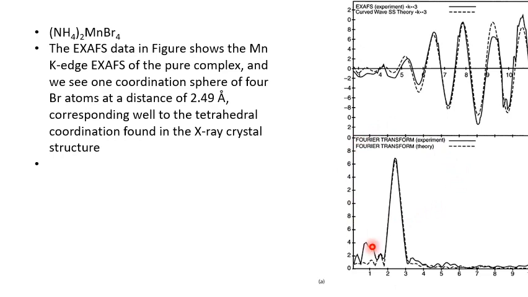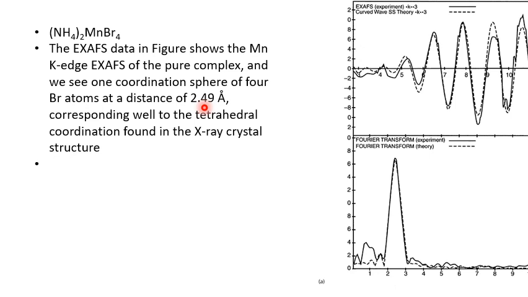By interpretation of this graph and by putting the values in different equations, which is a very complex process, we find that manganese is surrounded by 4 bromine atoms, and the internuclear distance between the manganese and bromine atoms is 2.49 angstrom.